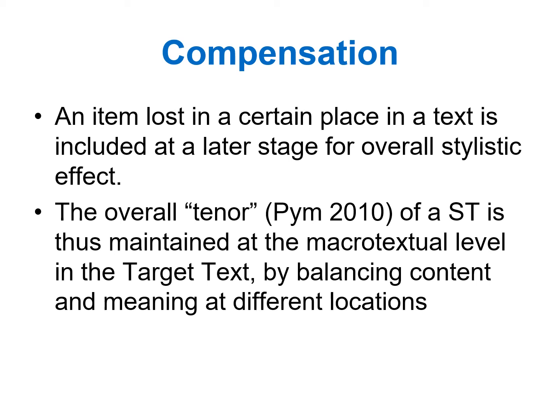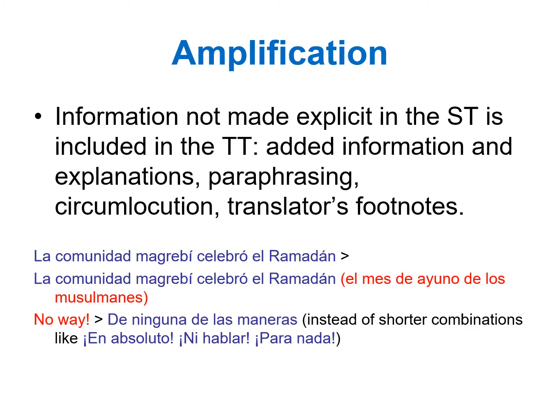So if there was a joke or a pun in a certain scene of that episode, or in a certain chapter in a novel, and we find a location in the novel later on where we can actually incorporate that pun effectively, then we can do that to try to compensate the loss. But as I say, this is sometimes difficult to perceive by the readers and individuals who are consuming these products. So it has to be used with caution.